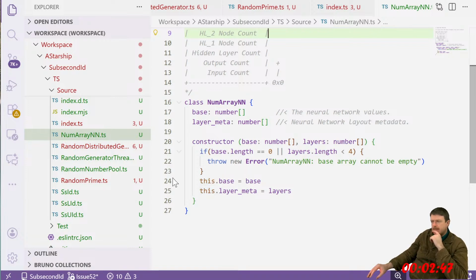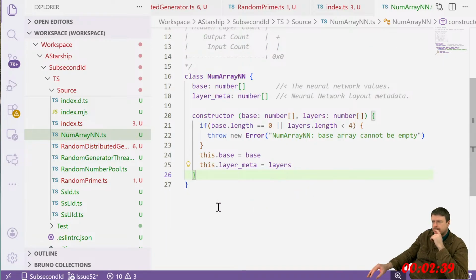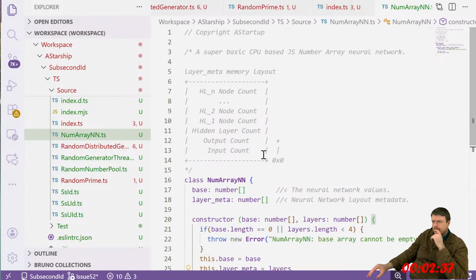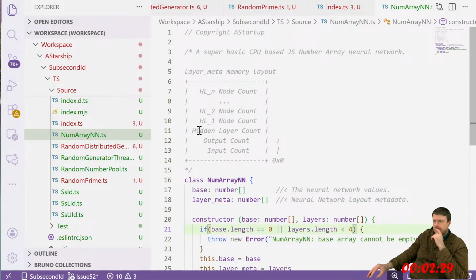I've got to have at least one hidden layer.